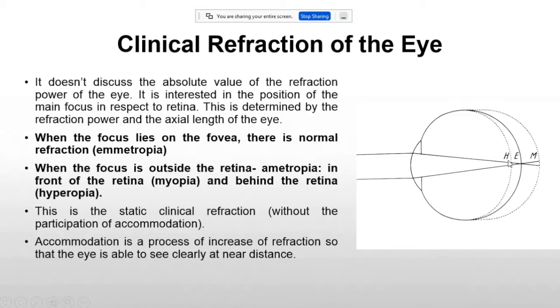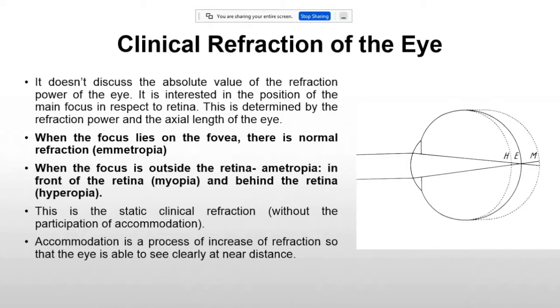And it depends mainly on two factors. First, if these parallel rays from infinity meet this refraction media and the focus falls on the retina itself, we have normal refraction, or emmetropia. And when the focus is outside the retina, we have ametropia.